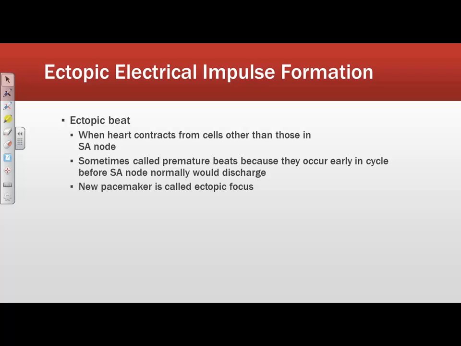When the heart contracts from cells other than those in the SA node in the normal pacemaker conduction system. Okay? When we see this on the monitor, this will be called an ectopic foci, or an ectopic focus for one.